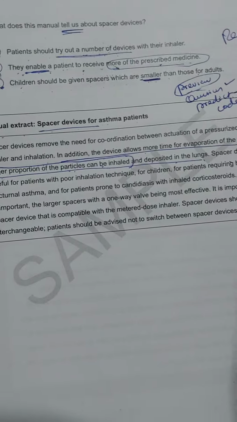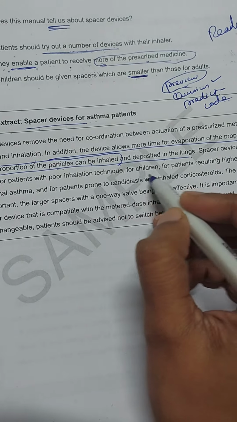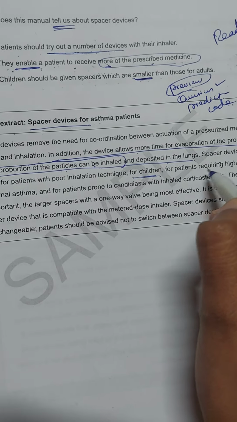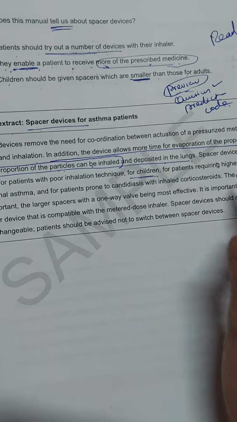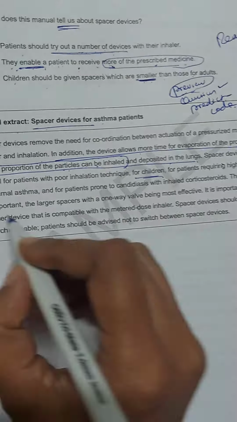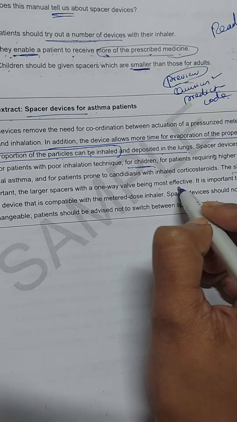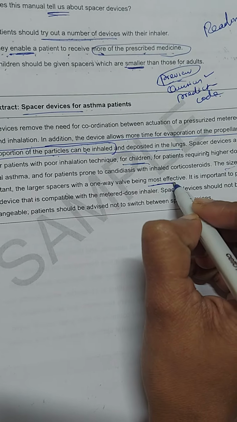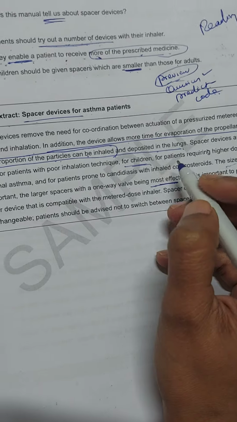Now spacer devices are particularly useful for patients with a poor inhalation technique. For children, they mention children, but for patients requiring higher doses, they didn't mention about the size. Here the size of the spacer is important. The larger spacers with the one bay wall being most effective. They just talk about effectiveness, but they didn't mention children should be given spacers that are smaller than those of adults.